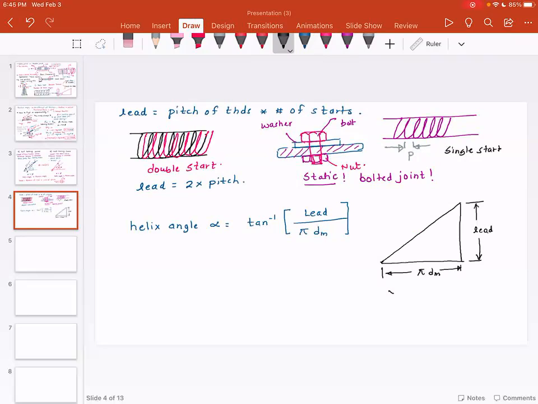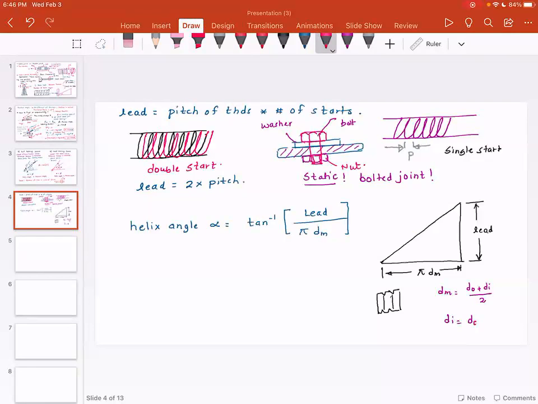Please understand that if you look at the screw geometry, usually a screw will have an outer diameter and an inner diameter. So dm is nothing but the average, do plus di divided by 2. Di is the inner diameter, which is the same as the core diameter, dc.